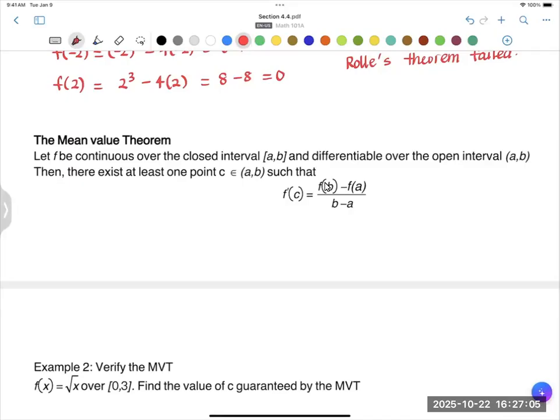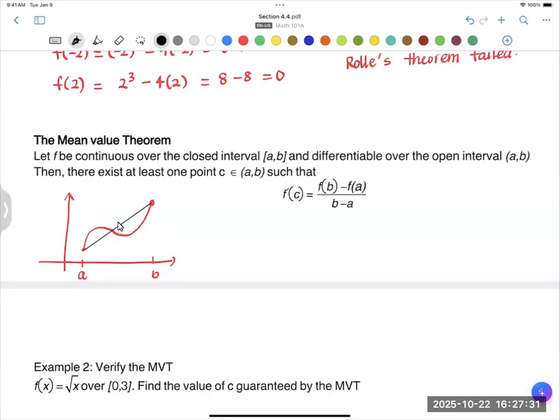Okay, so it's going to equal the slope. Let me draw the graph for you to visualize. If I have a continuous function this time, it does not necessarily have f(a) equal f(b). It could be a right here and b right here, right? If I draw a line to the points A and B, I'm going to have that line.